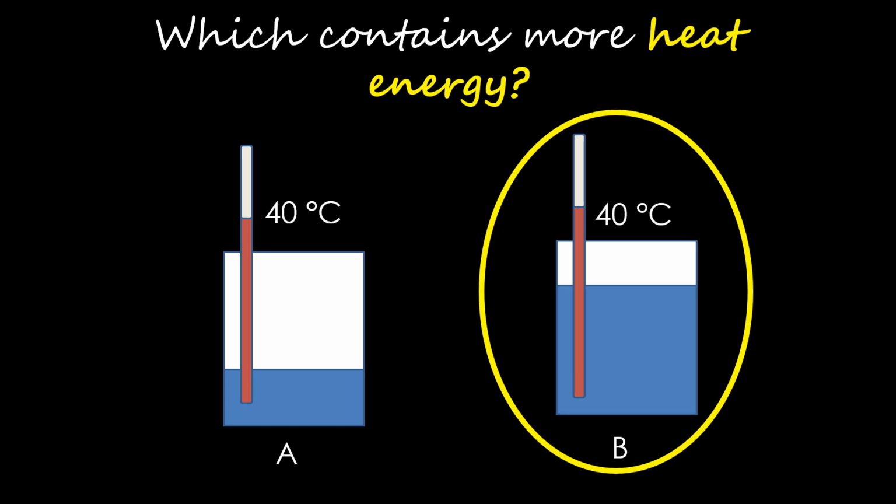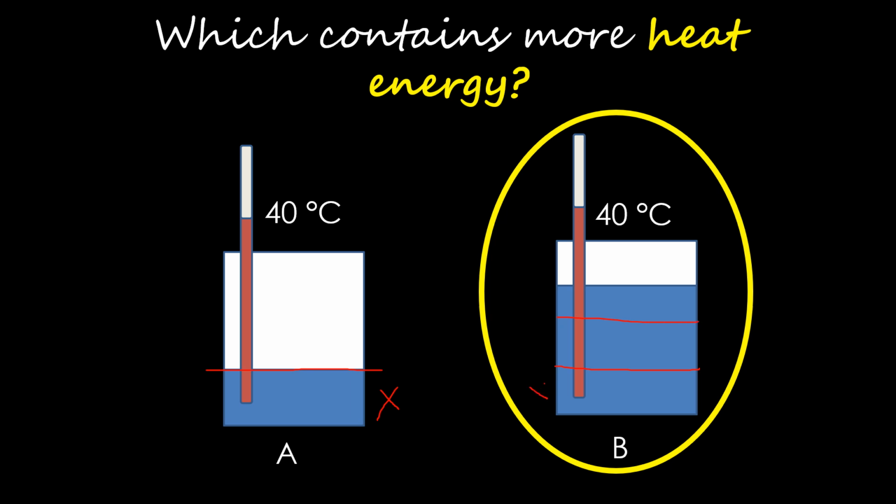Okay, why is that? You have a place to record this part on your paper. So letter B, even though they're at the same temperature, they have the same motion of their particles. Letter B has more of the substance, more mass, so therefore it can contain more energy. So if we imagine that this volume had a certain amount of energy, let's call that amount of energy X, this one has that plus maybe about another 2.5 of that.